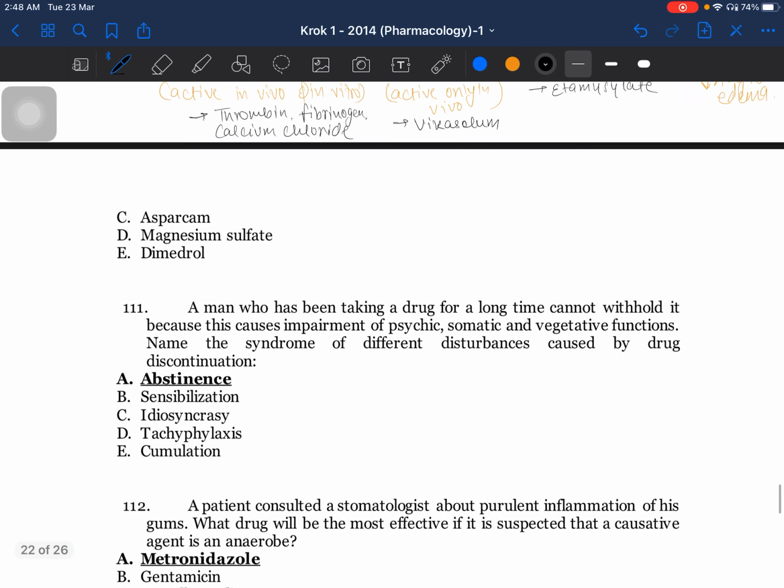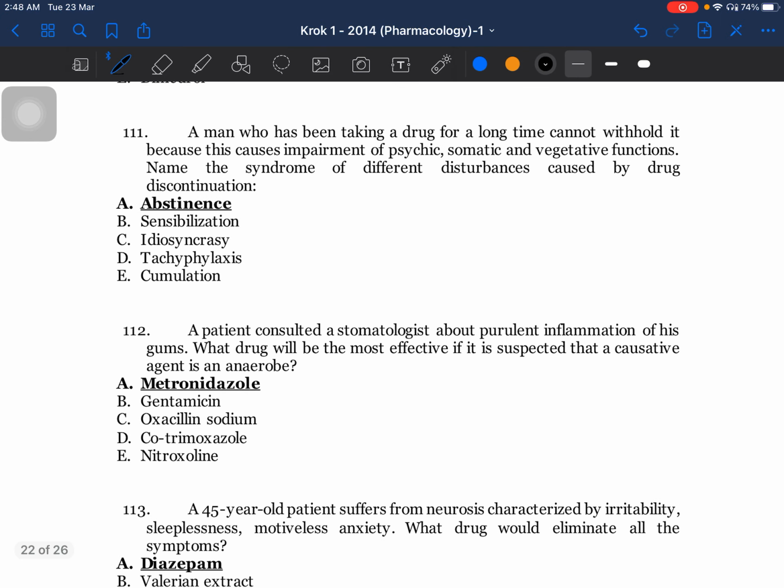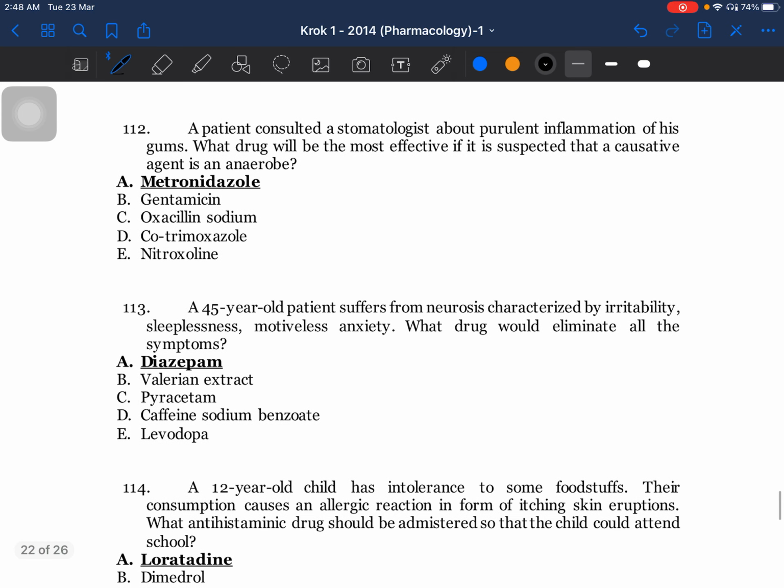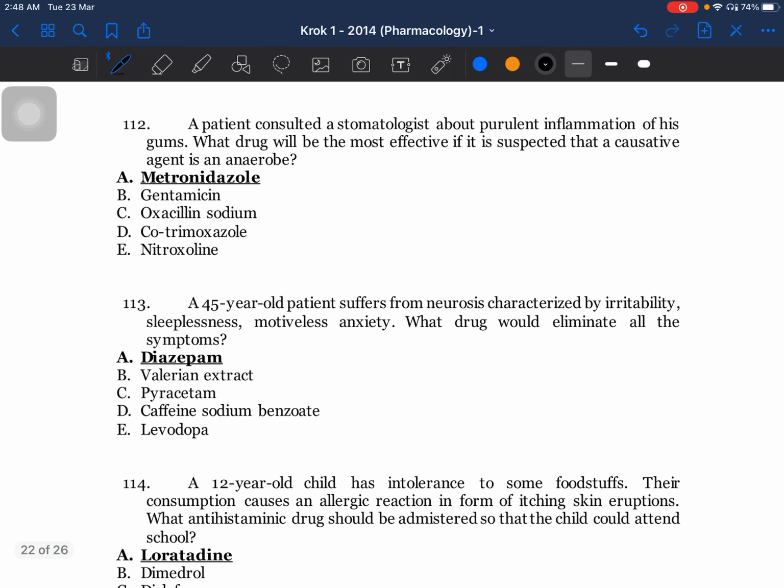Now let's move to the next question, question number 111. This question also we have discussed earlier, so I am not discussing it here. Okay, and for question number 112, you can refer to the very first question of the base.